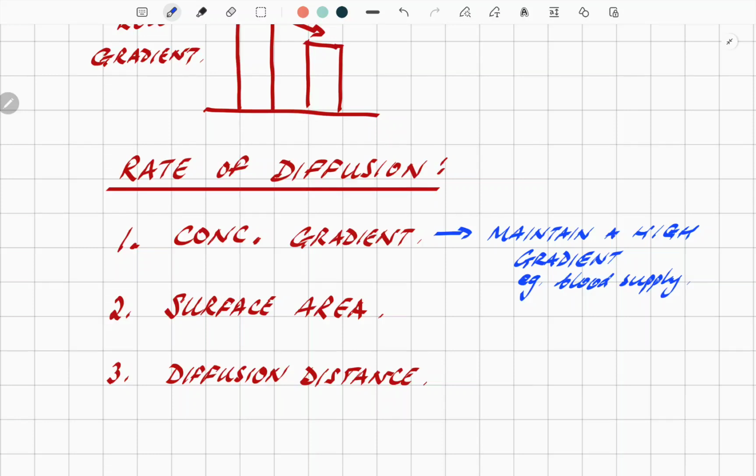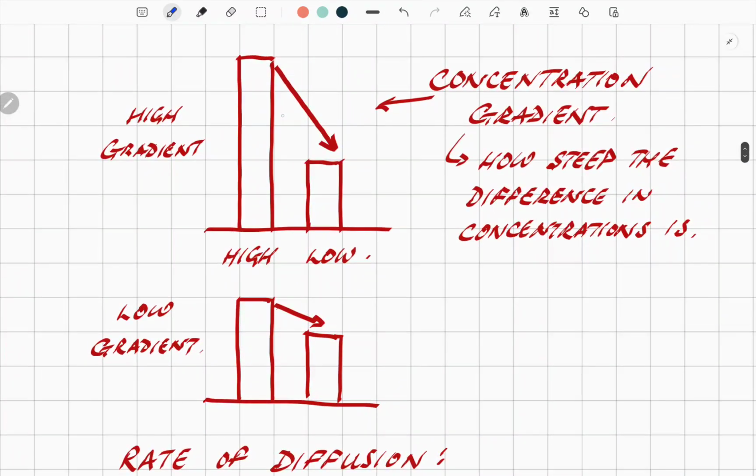In your lungs, you're diffusing gases in and out. The blood absorbs oxygen from the air, and it gives up carbon dioxide. If the blood didn't move, let's say it started off like this one here, there'd be a big difference between the oxygen in the blood and the oxygen in the air. But as the oxygen goes into the blood, the difference between the two will decrease, and so there won't be such a big gradient, so the rate of diffusion will decrease.